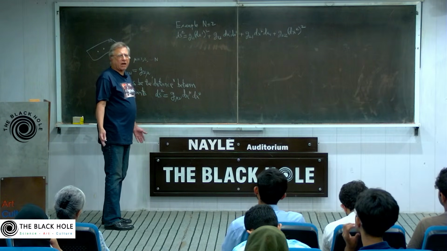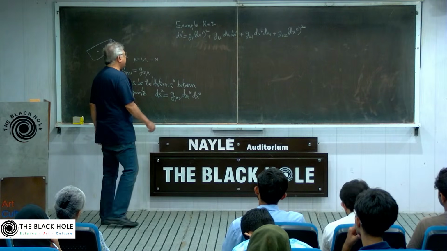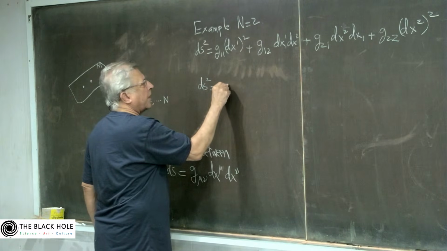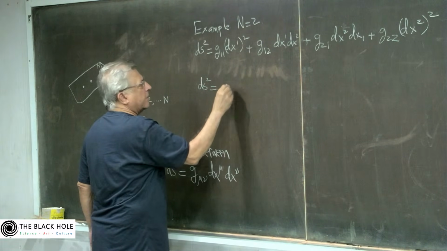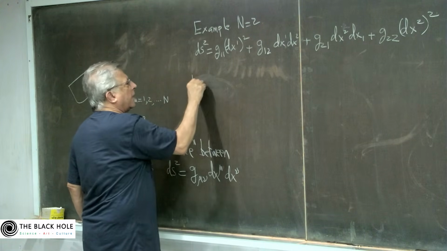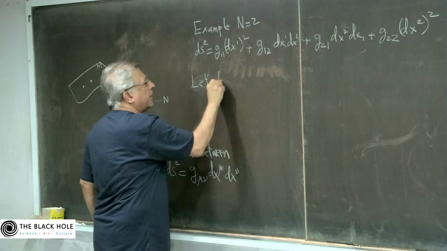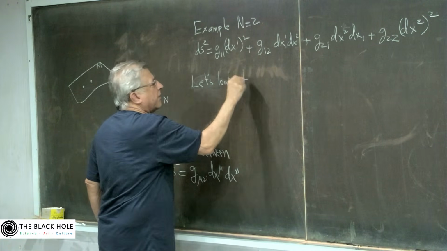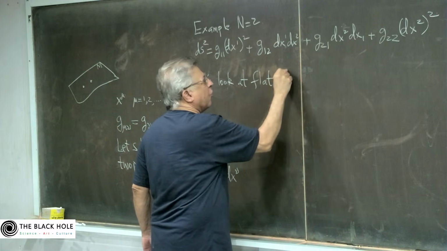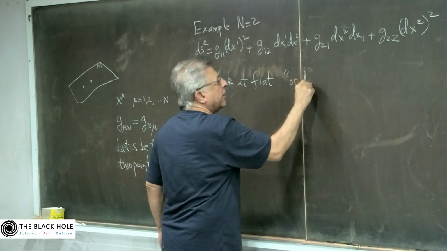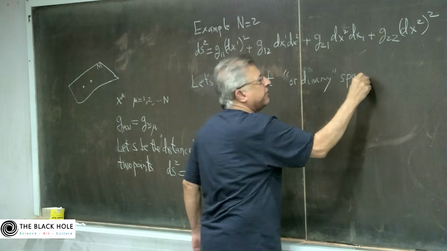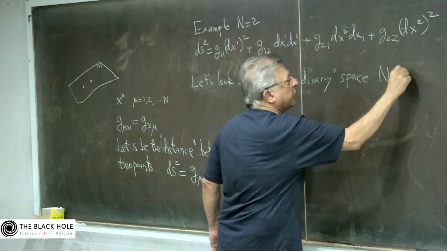Okay, so let's start with 2 dimensions. Let's look at flat, or what we call ordinary space, for n equals 2.